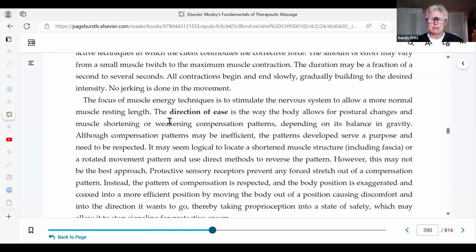So if my elbow, if I can't get it to fully extend, instead of yanking it into extension, what I might do is actually take it more into flexion, maybe with a little rocking and shaking, and let it stay there for a minute, and then tease it out. Have me push here, tease it into an extended or an improved range.